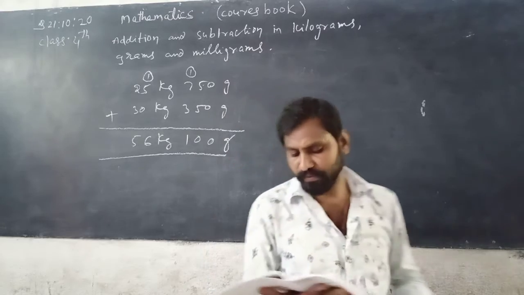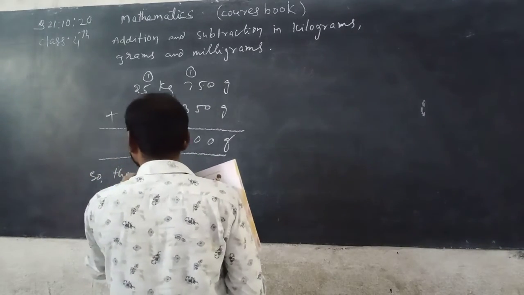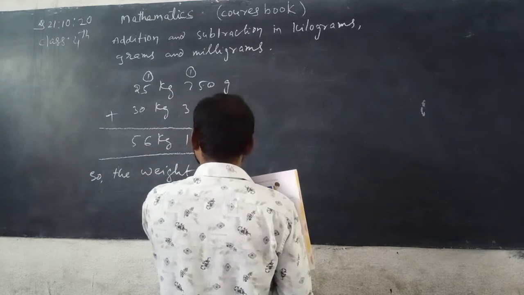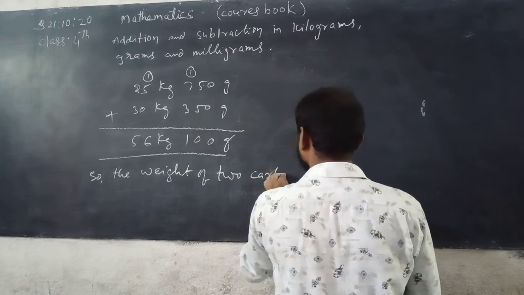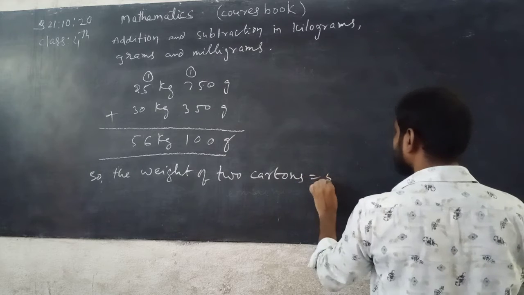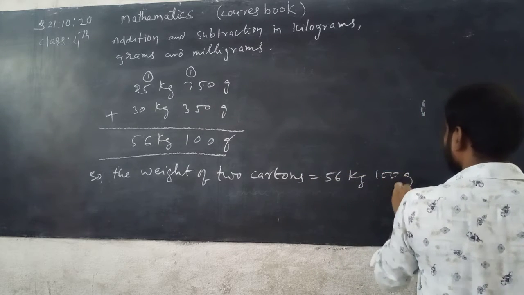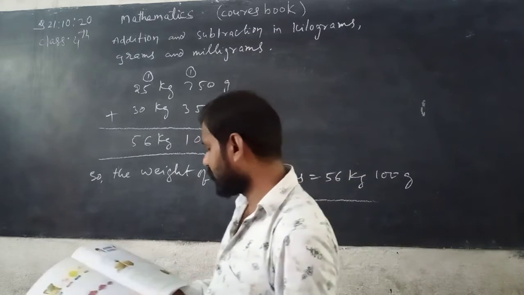So the weight of the 2 cottons is equal to 56 kg 100 grams.